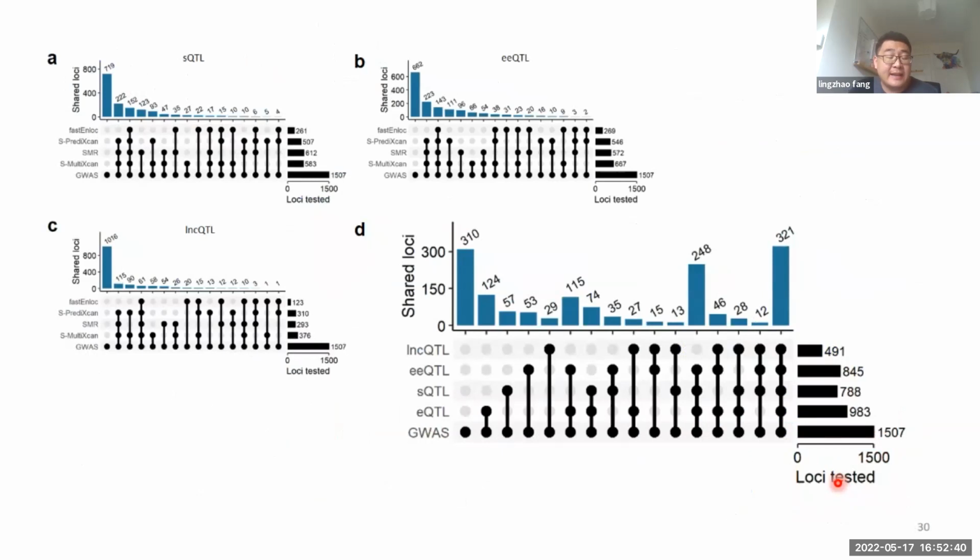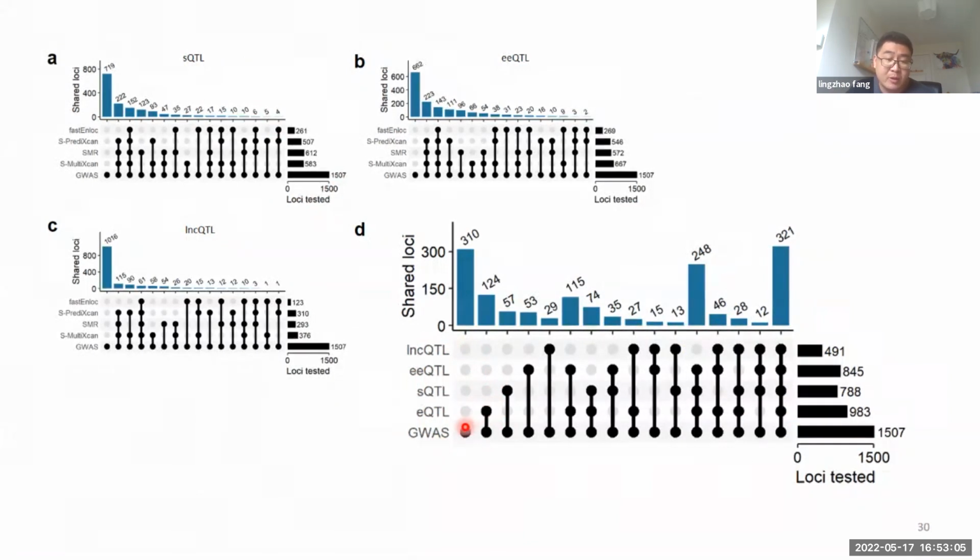And as I said, we did the same analysis for splicing, individual exons and lncRNA genes. At the end, we put all these QTLs together. We found that these QTLs do not exactly overlap with each other. Each of them can provide additional information for understanding the GWAS.